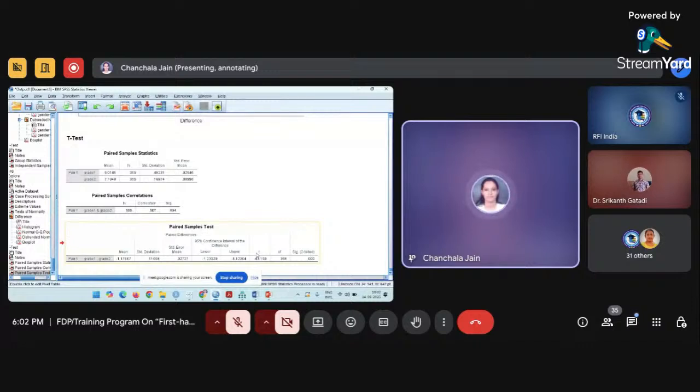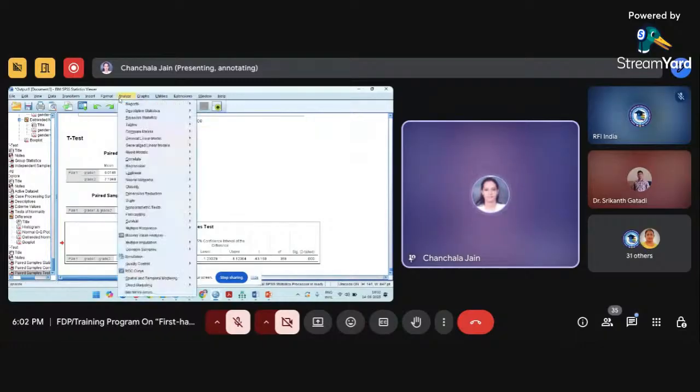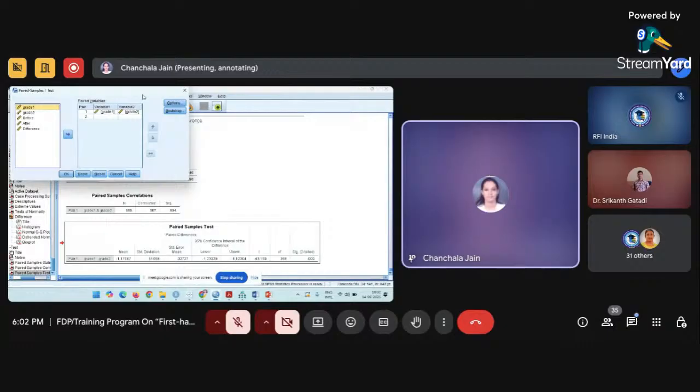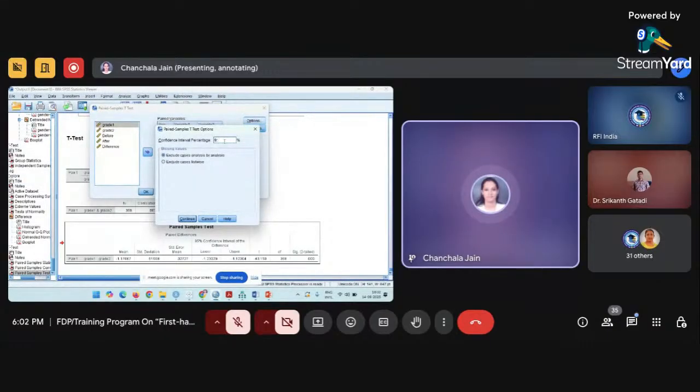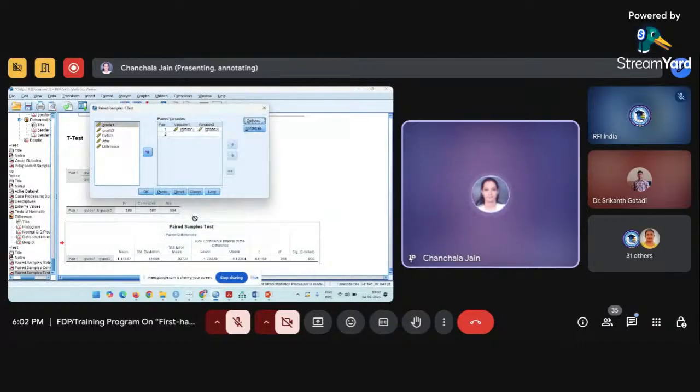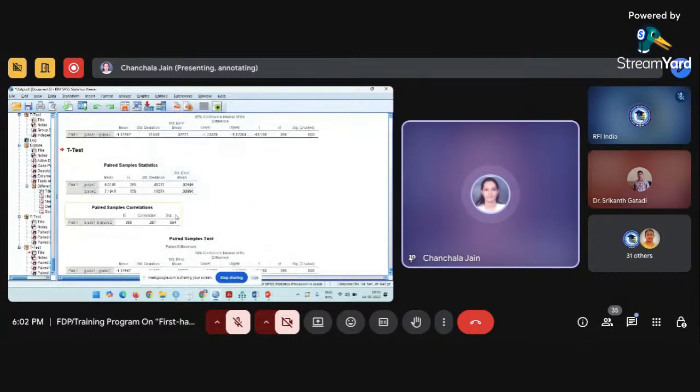There is no problem, because I'll show you. I'll go here again and perform this. Now in the options, I'll make it 98, which means the level of significance will be 2%. It will not impact my results. You can see I'm pressing OK and it is generating my results again.